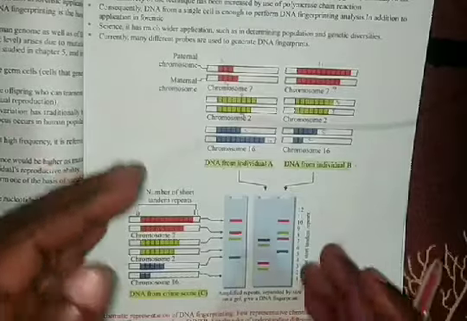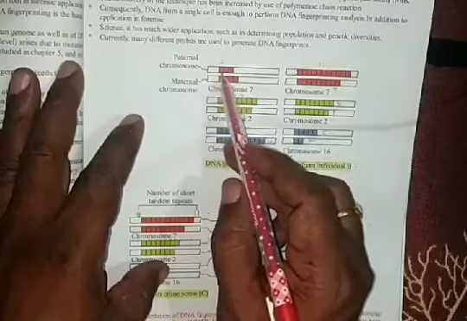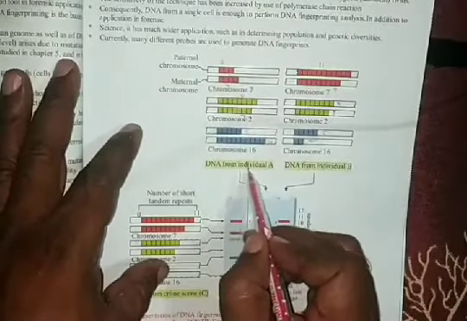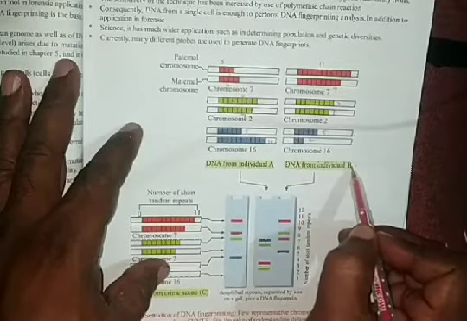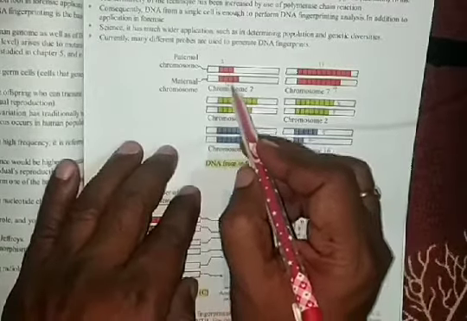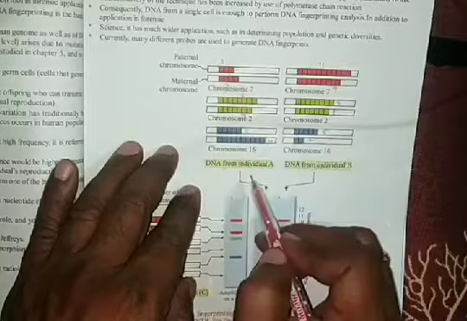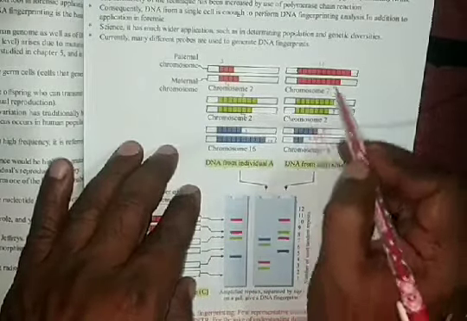So these are the variable number of tandem repeats of the DNA from the two suspected individuals. We are suspecting two people, A and B. The tandem repeats of individual A are like this, and the tandem repeats of individual B are like this.